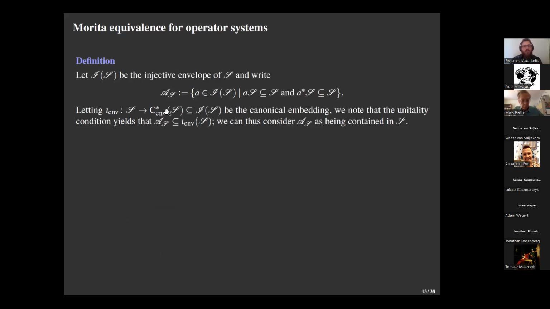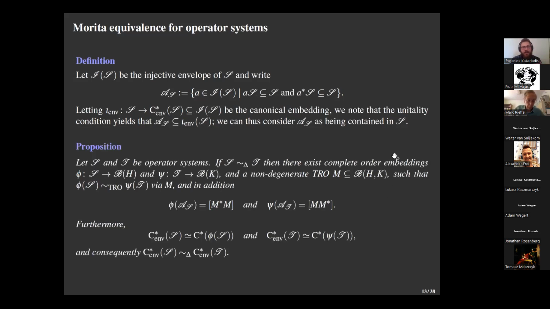And the unitality condition yields that this multiplier algebra sits inside S because I can simply apply with a unit here and I get something in S. So there's something that I cannot do without, but that's good.